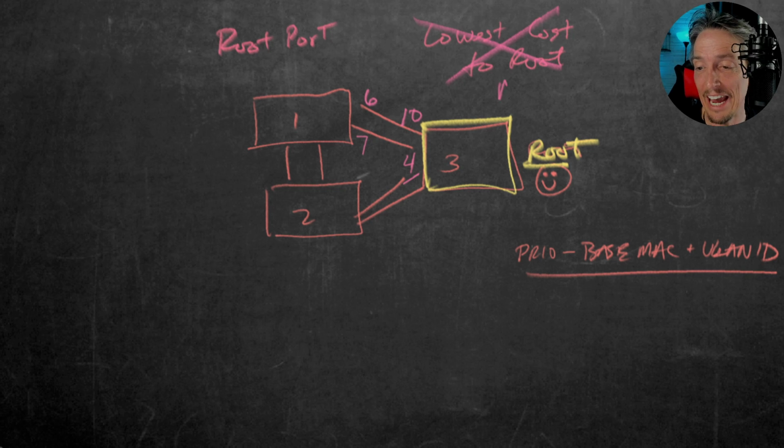The next one is the advertised bridge ID. So in this case, the root bridge has a bridge ID. It's this guy. He's advertising it down both ports.